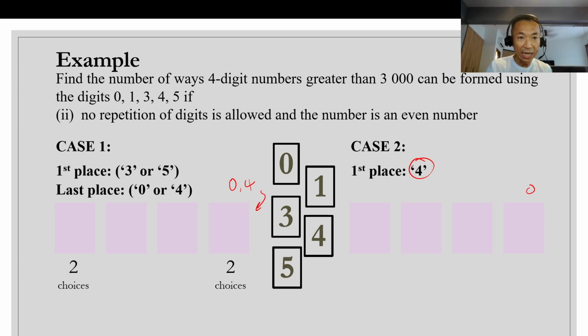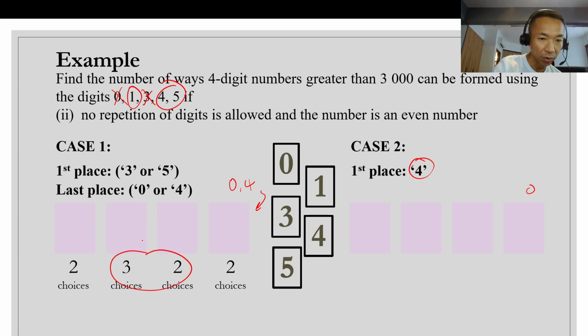Now after you have eliminated those 2, you are left with 3 digits. So you either say 3P2 or you say 3 times 2. Then we are done.